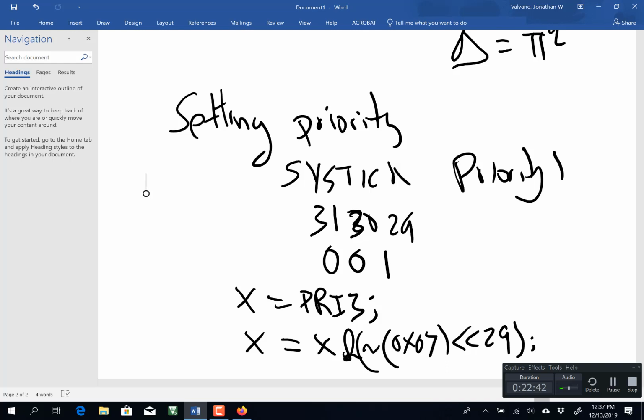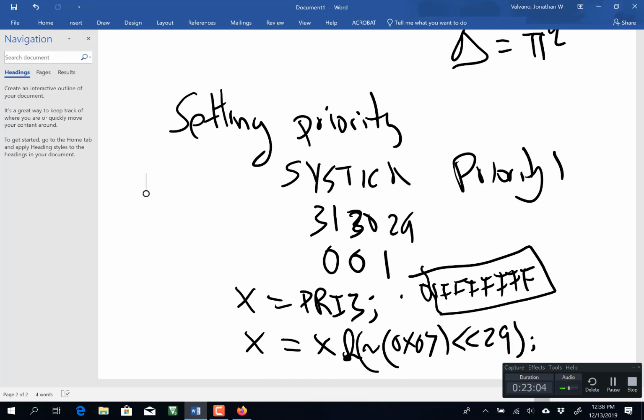Now, if you could figure, what is that? That was actually 0x1FFFFFFF, 1, 2, 3, 4, 5, 6, 7. All right, that's what I wanted. I could have done that, but to me this math is easier.